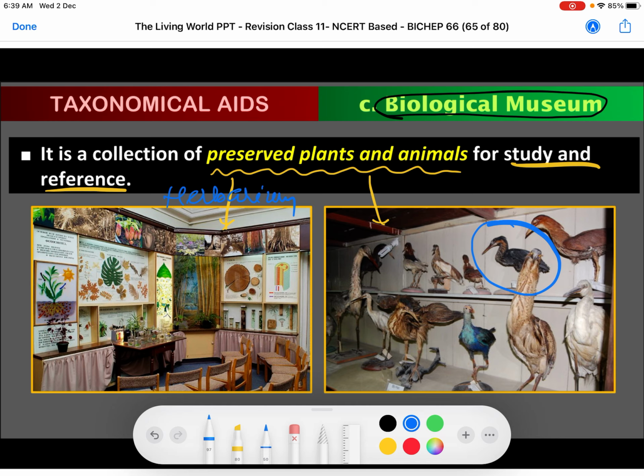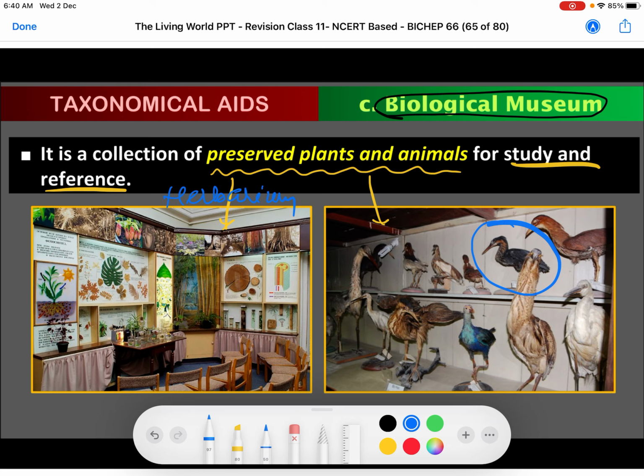In stuffing, the specimen is cut off, dried, cleaned, and stuffed with either cotton or other material with preservatives, so that it can be preserved for a very long time.